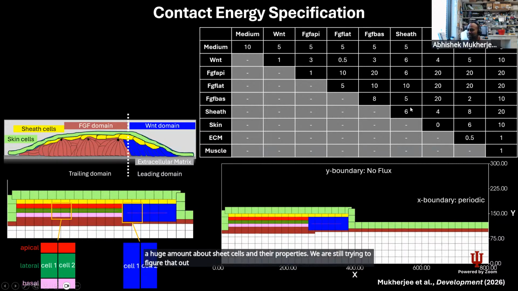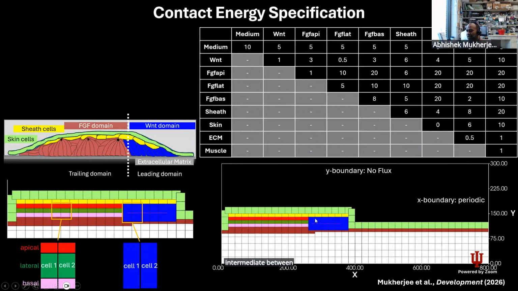So this was kind of a relative gray zone, and so we wanted the properties of sheath cells to be intermediate between the various Wnt and the FGF domain cells.